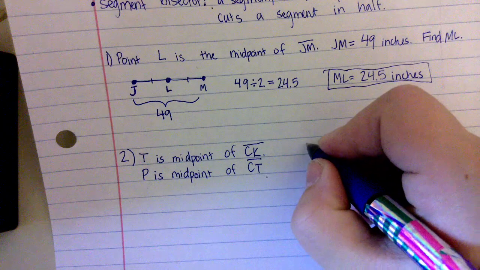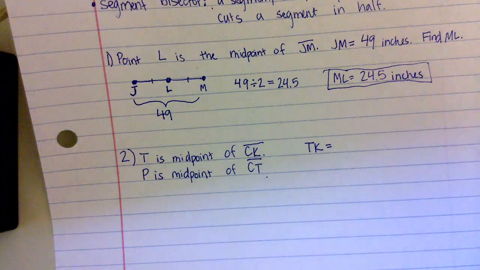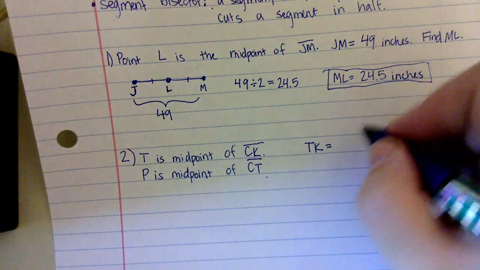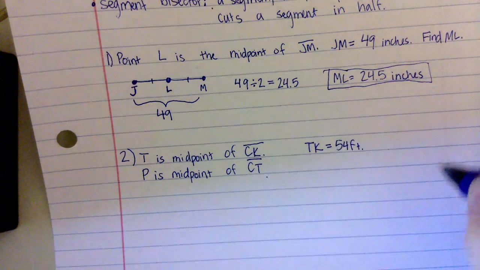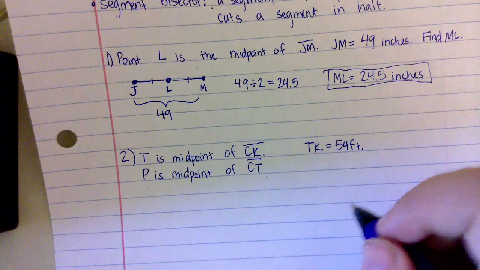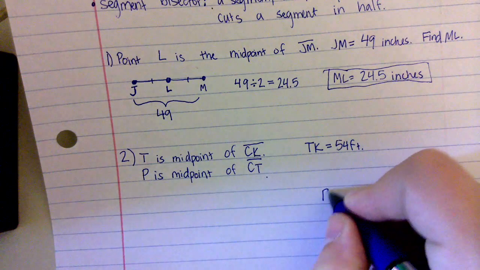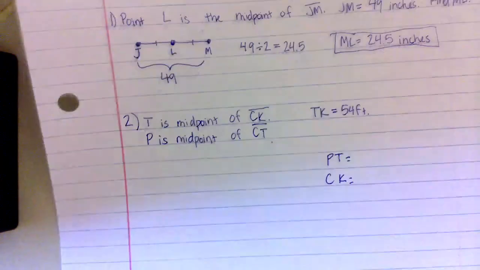And TK equals 54 feet. I want you to find PT and CK. So PT, CK. That's our goal, to find PT and CK.